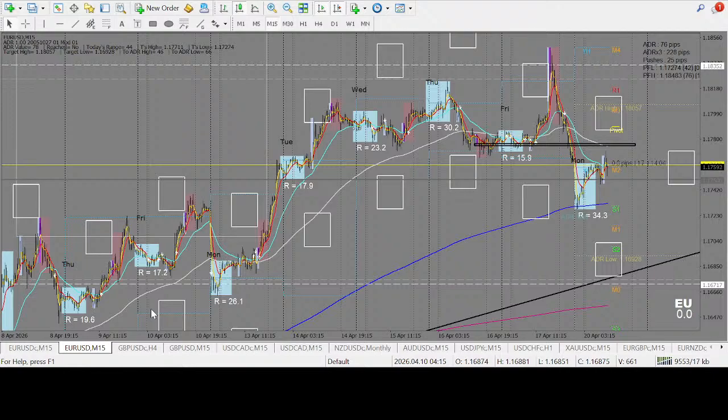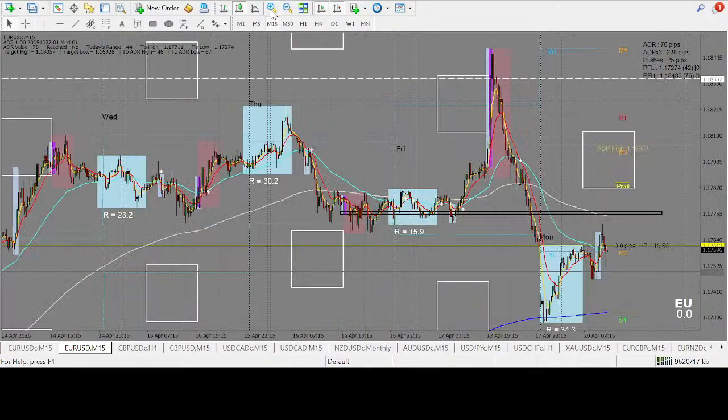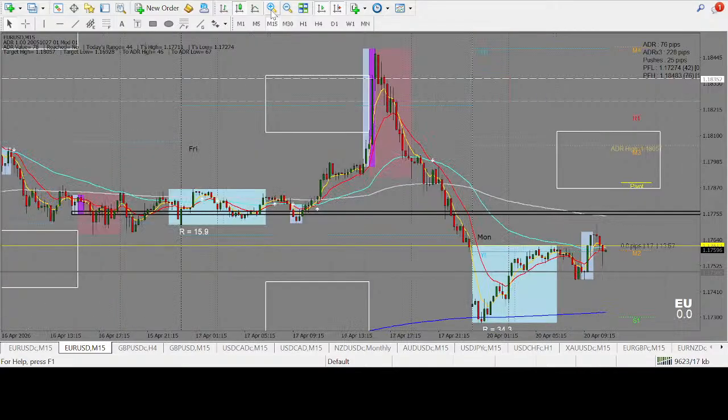Pip value calculation ndo inazingatia ile tunaosema one pip, labda lot size ya 0.01 is equivalent to a certain number of pips. Ile huwa inazingatiwa zaidi kwa Euro USD, kwa maana those number of pips. So that's why Euro USD kwa namna moja ama nyingine huwa ni pair nzuri standard, na ni pair ambayo inakuwa traded zaidi duniani vile vile. Kwa hiyo it's a good starting point for us.